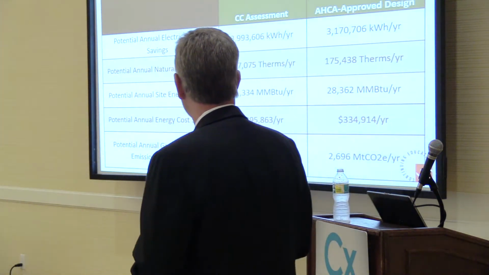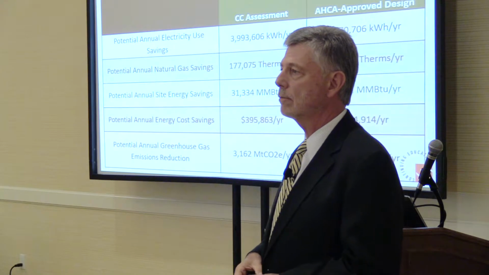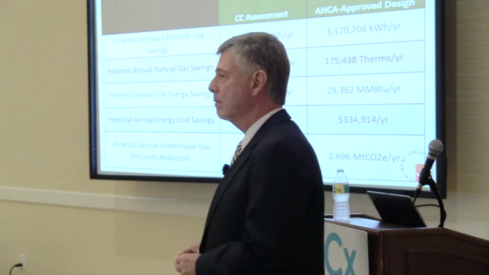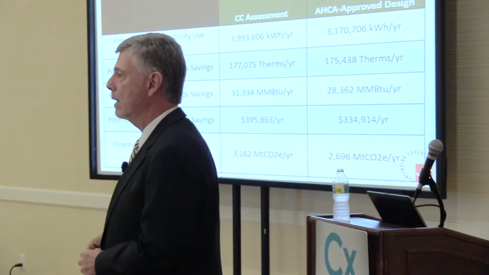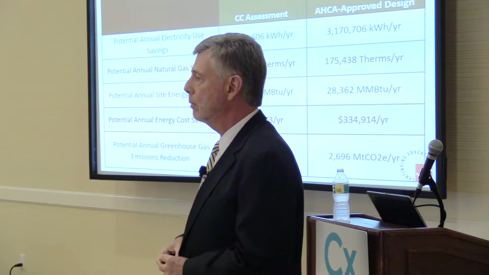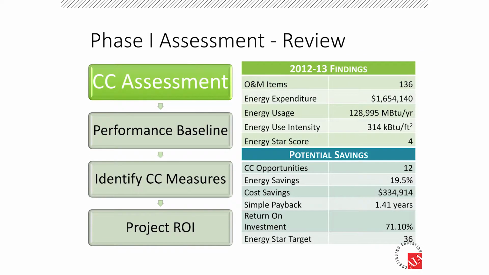So we lost almost $60,000, a little over $60,000 because of, is there anybody from AHCA in here? Because of some opinions that existed in the room that day. And some of these opinions were coming from people that were not mechanically inclined, architects, etc.